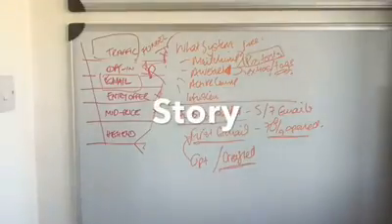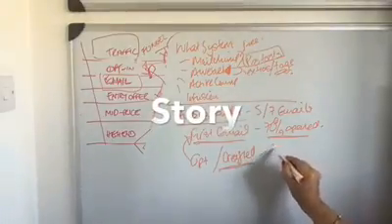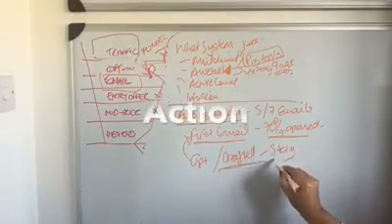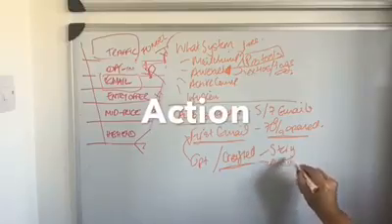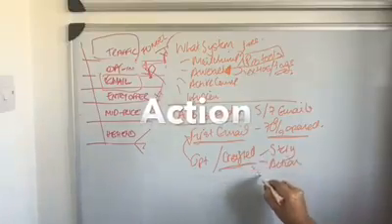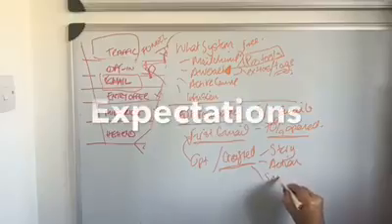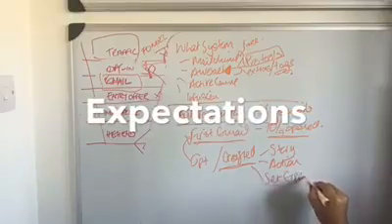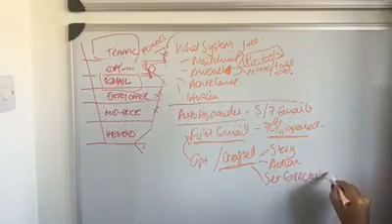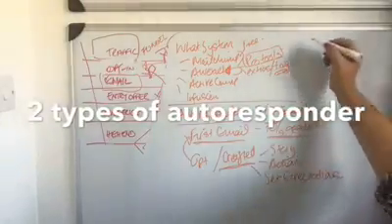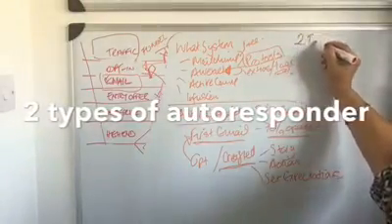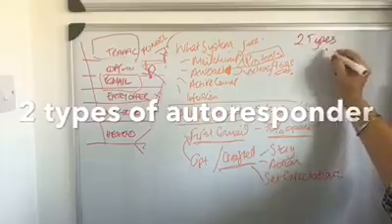that really does bring a story or an action together and even sets expectations of what they're going to receive over the next few emails, depending on which way you go. To me, there are two types of autoresponder.